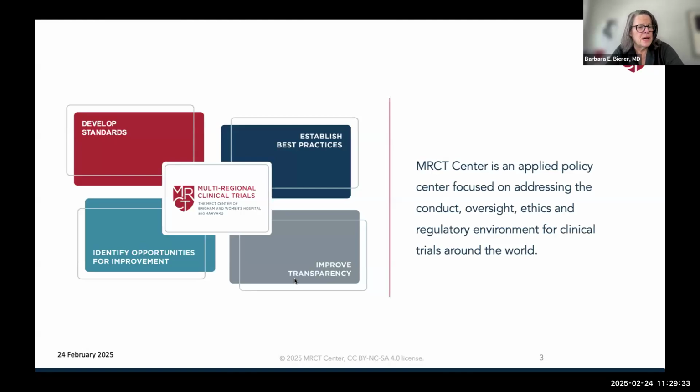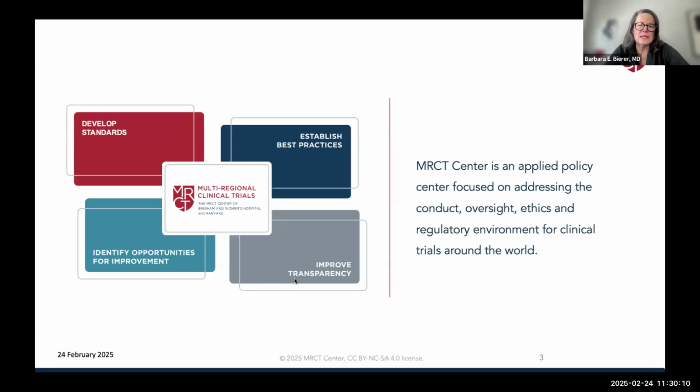We do that by pulling together patient advocates, investigators and their research team, CROs, industry, regulators, and nonprofit organizations to really think through emerging issues and to develop together a focused and possibly practical solution, thinking that if that solution or approach is acceptable to all, it's much more likely to take hold and be viable.